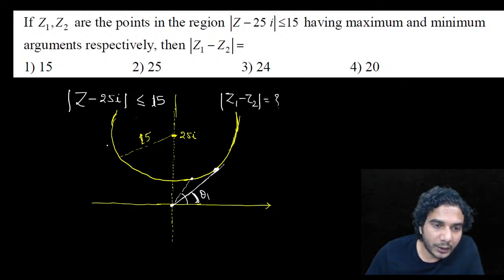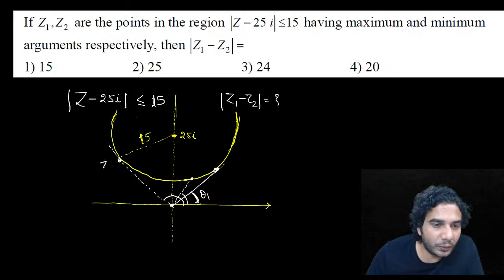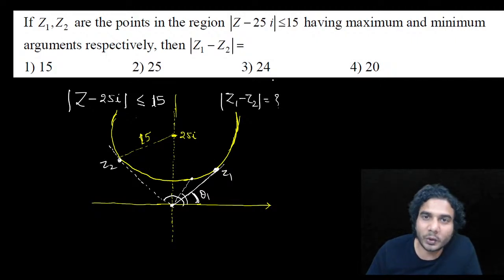Similarly, draw another tangent from origin on this left side, and this will have the greatest argument, right? This will be the greatest angle which any point on the circle can make with the positive direction of x-axis. So that is Z2. This is your Z2, this is your Z1. The diagram is symmetric, although it is not looking like it. So if you know theta 1, then theta 2 is nothing but pi minus theta 1, all right?